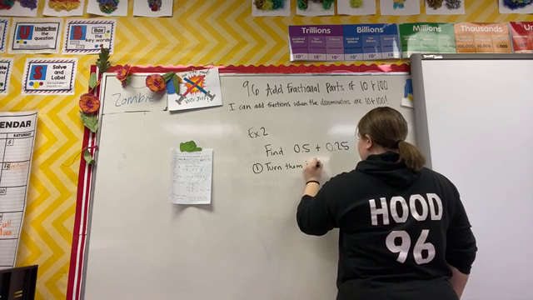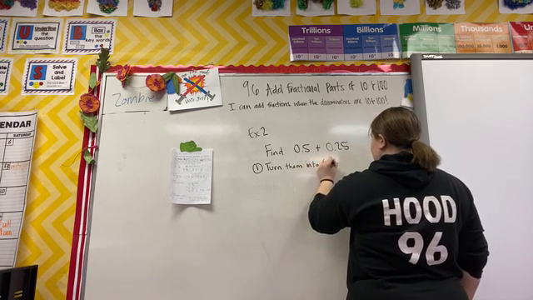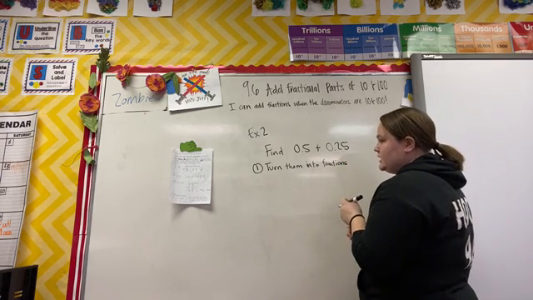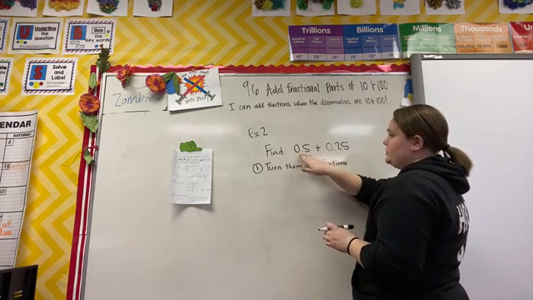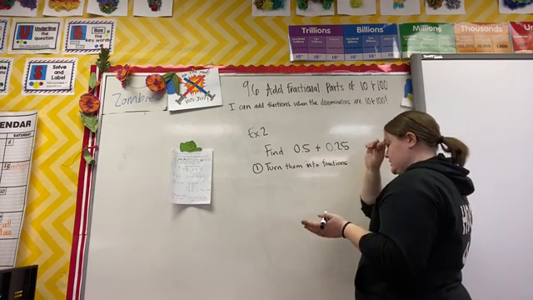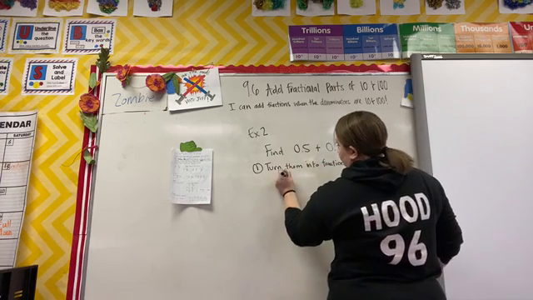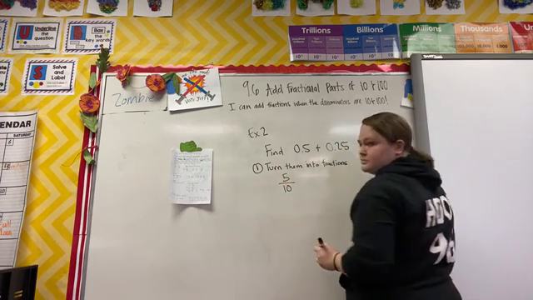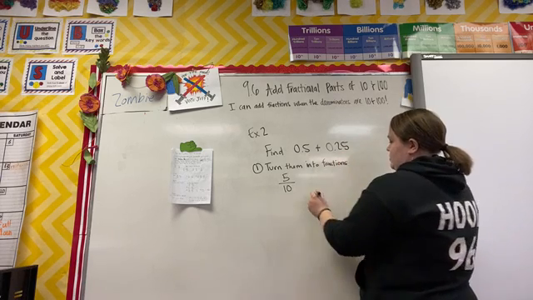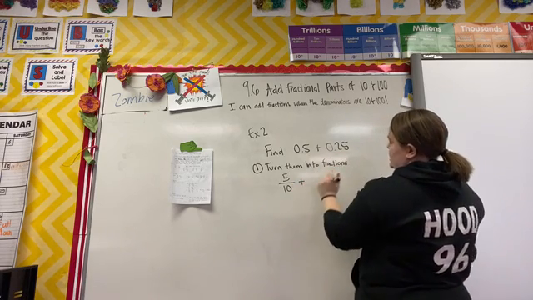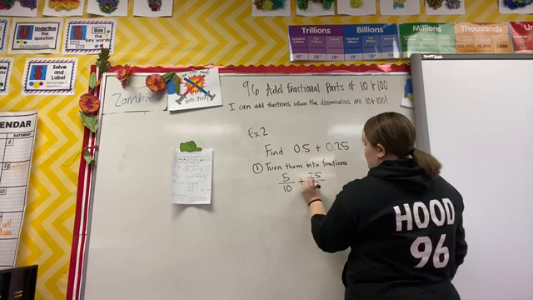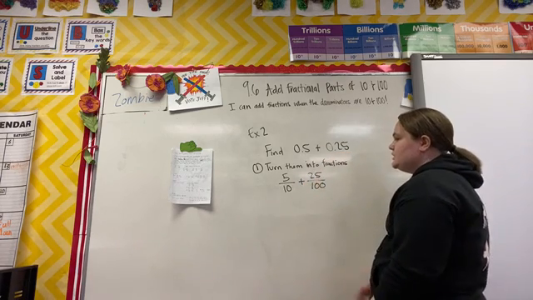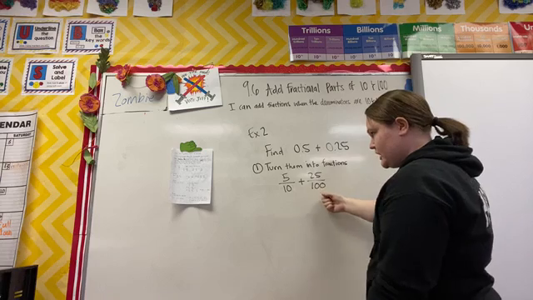That is my first step. I'm going to just write it as a fraction as I say it. 5, and I'm in my tenths place, tenths, plus 25/100. I'm in the hundredths place. Now it looks familiar.